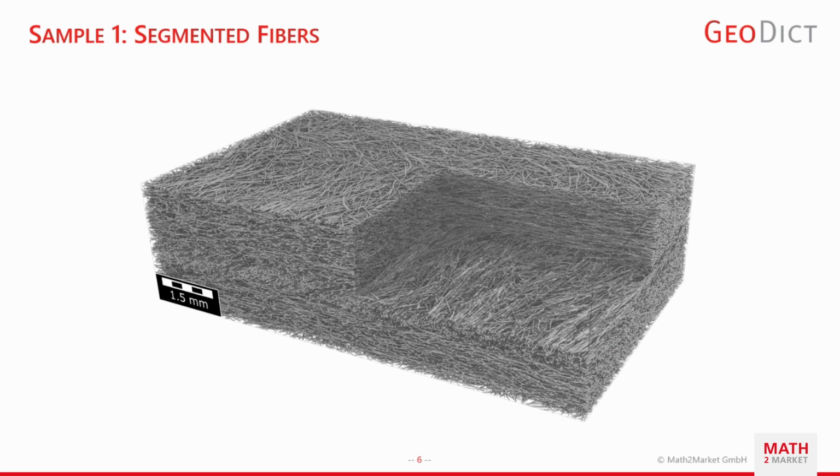Well, in the context of this talk, the pores don't really matter to us. So we just did a straightforward segmentation using a global thresholding. And we can see here, this is the sample we will be looking at later again. It's quite a lot of fibers, and we have a change in orientation in the fibers.